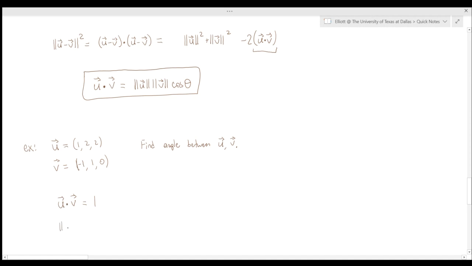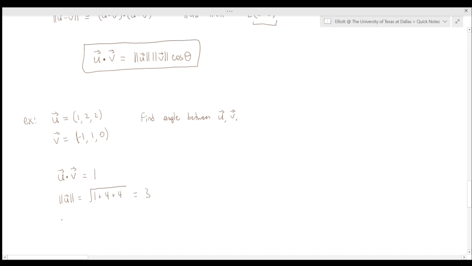If we compute the length of u, it's going to be the square root of 1 squared plus 2 squared plus 2 squared, for a total of square root of 9, which is 3. The length of v is going to be the square root of negative 1 squared, which becomes positive 1, plus another positive 1, for a total of square root of 2.